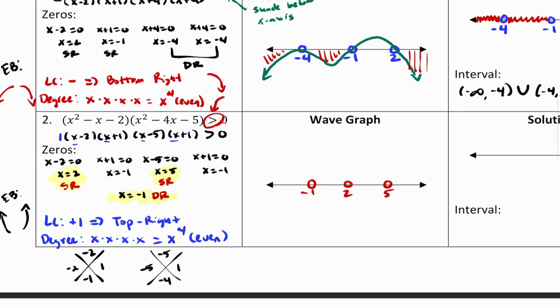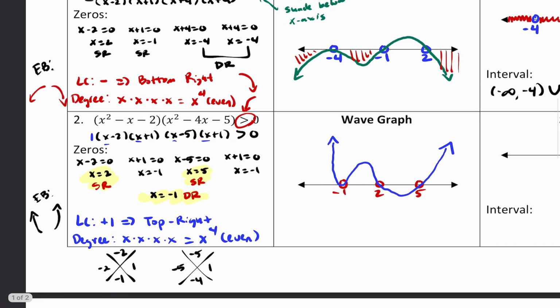So x equals 2 and x equals 5, they're my single roots, and then x equals -1 is my double root. So I'm going to start top right. I'm going to approach 5, we're going to cross the x-axis. I'm going to approach 2, we're going to cross the x-axis. But as I approach -1, it should bounce. Okay?